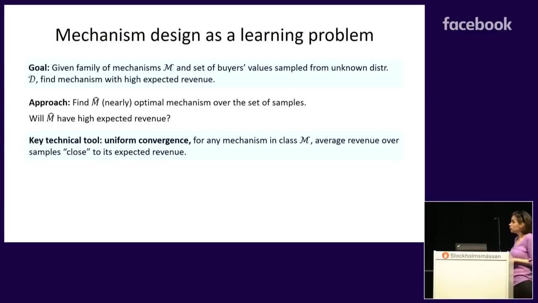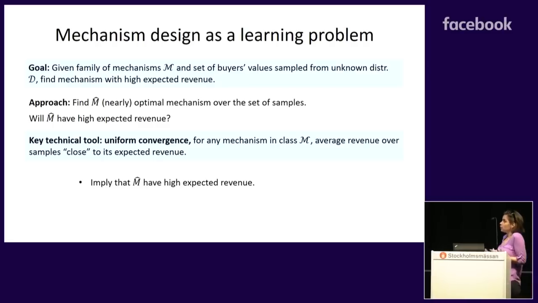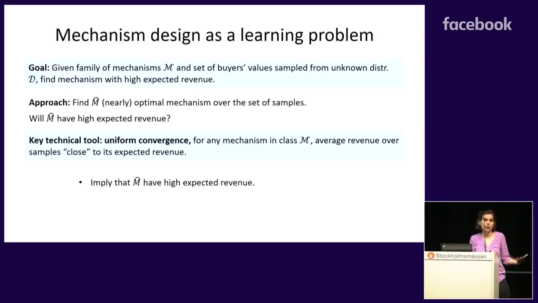Okay, this is what uniform convergence bounds are, and they are very nice because once we've seen enough samples to get uniform convergence, then we are guaranteed that if we optimize over the training set of examples that we are given, we're going to get high expected revenue as well.